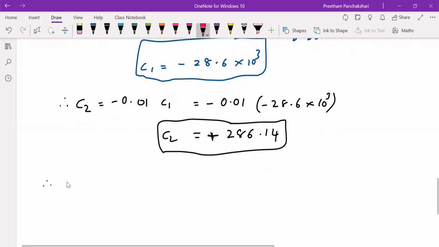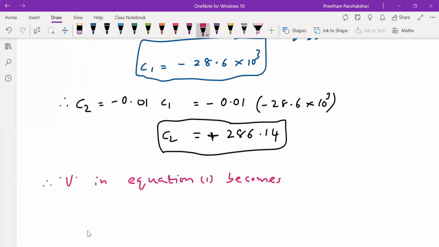Therefore, V in equation 1 becomes, so what is there in equation 1? V is equal to C1y plus C2. This is equation 1. So C1 is minus 28.6 into 10 power 3, this is C1 into y plus C2.